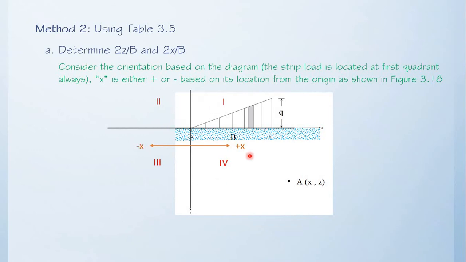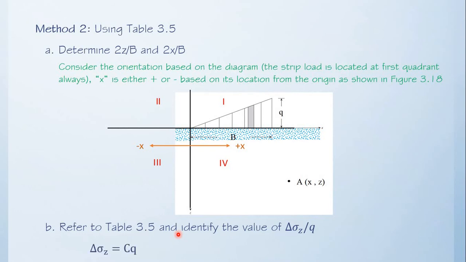Take note of this important concept in getting the value of 2x divided by b. After determining the values, we can now refer to table 3.5 to identify the value of c. From there, we can substitute it into the equation and arrive at the value of the vertical stress increase.